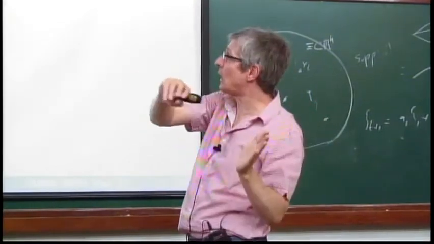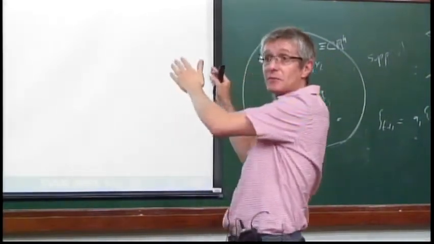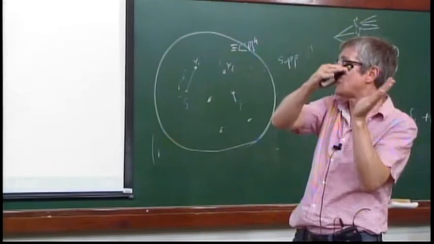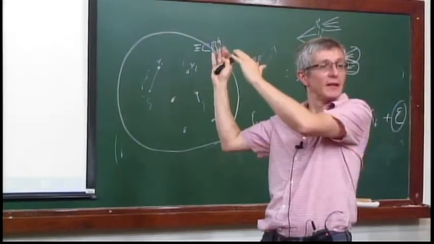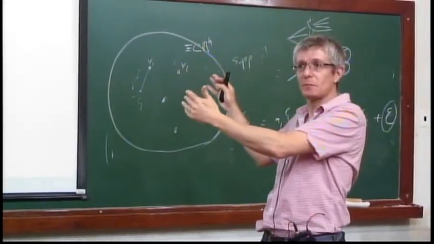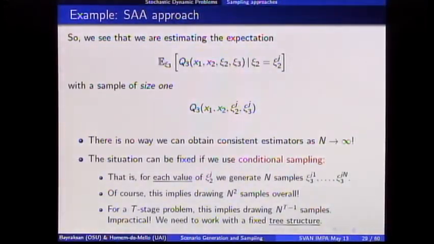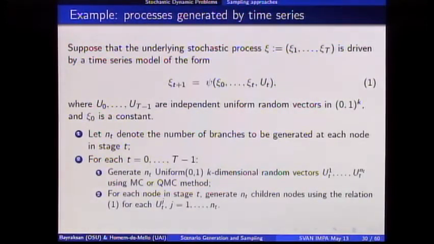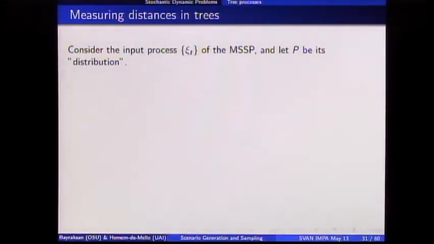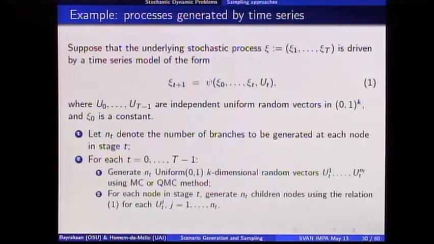We are now revisiting those concepts in the context of multi-stage. We saw how to do the sampling in the multi-stage case, and now we want to see how to do the probability distance business in the multi-stage case. Is that clear? The goal? Any questions so far about the random sampling in the multi-stage case?